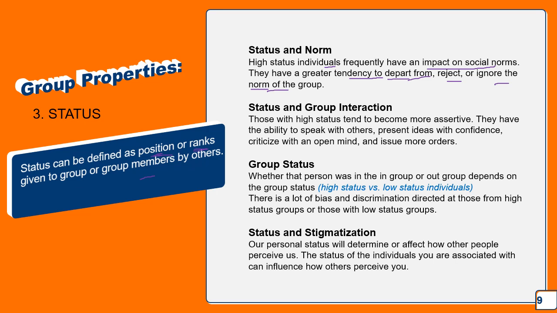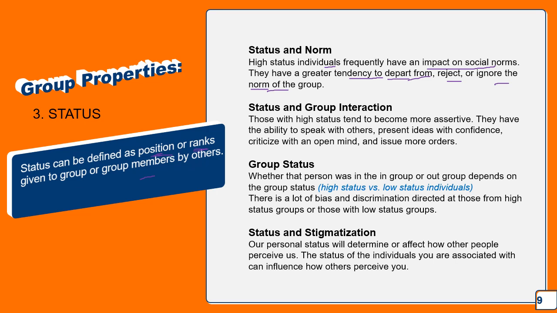By right, the group members must be treated equally regardless of their status. So those who belong to one group, they must be treated equally regardless of their status. So by right, everybody must follow all the norms set. But people with higher status are snobbish, so normally they will ignore the norms. So that is the relationship between status and norm.